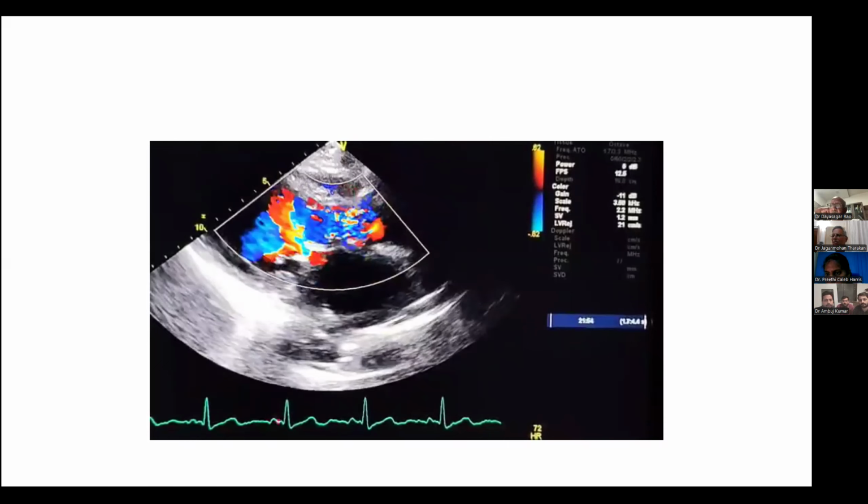What about MR? 7. Why is it more for MR and less in AR? Any idea? Naturally the mitral valve area is larger. No, it has nothing to do with mitral valve area. MR is systolic or diastolic?